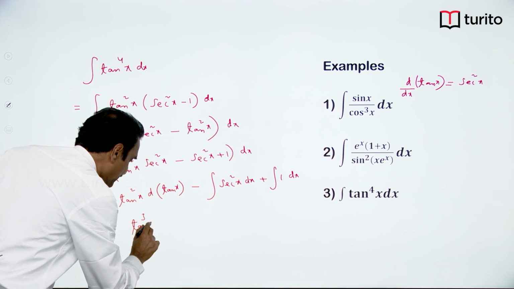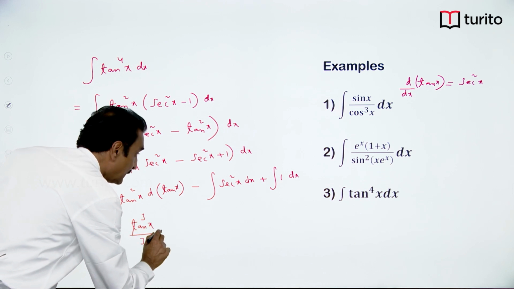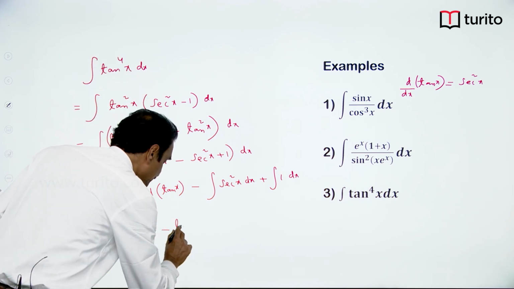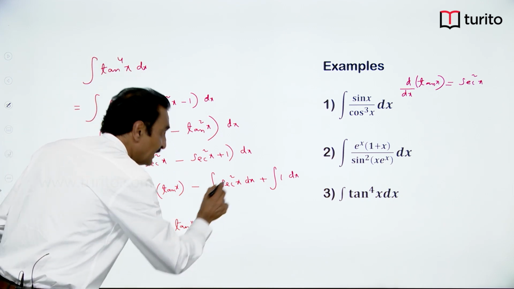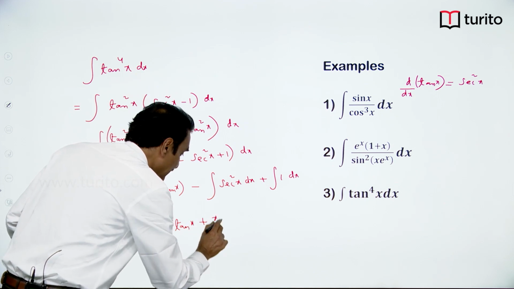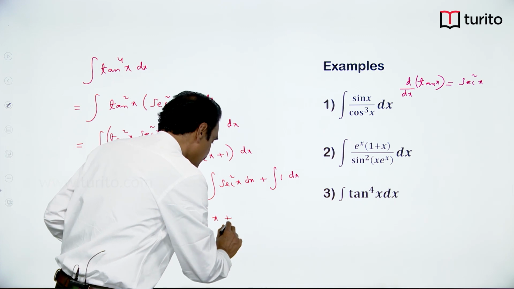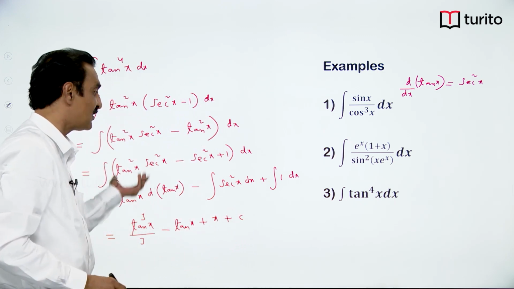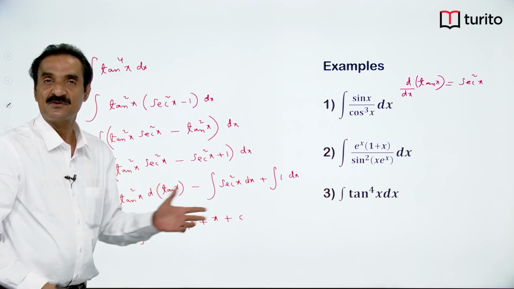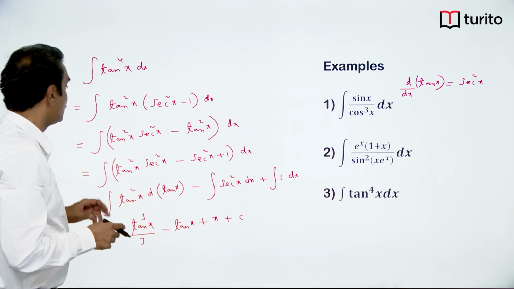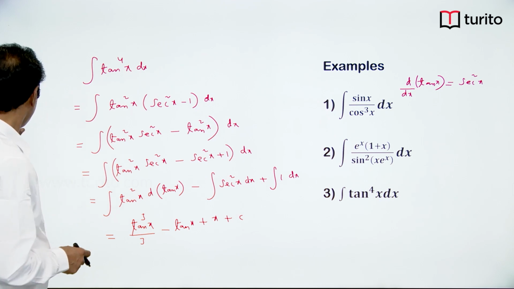Tan cube x by 3 minus integral of secant square x, tan x, integral of 1 is x, then we can write a constant of integration plus c. No need to write separate constants for these three integrals. We can write only one constant at the end. Okay. This is the third question.